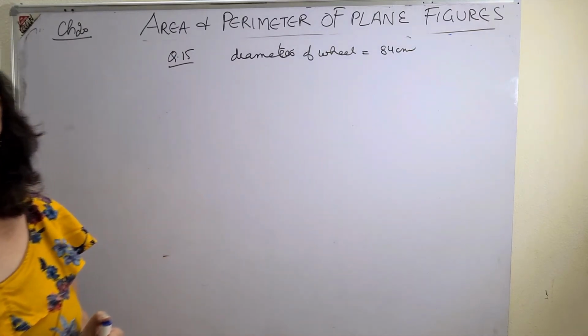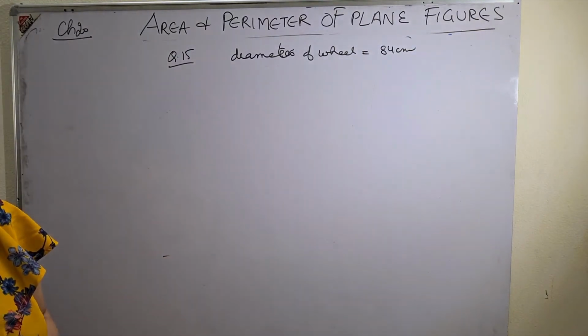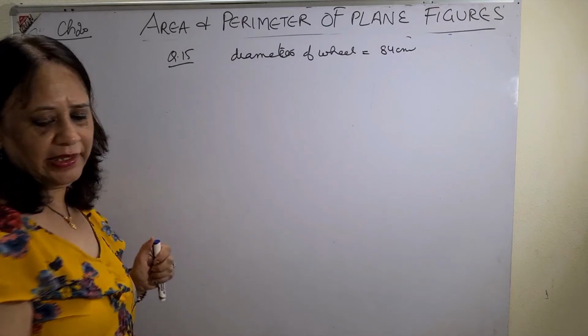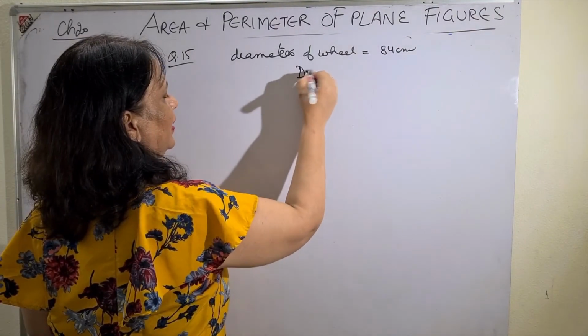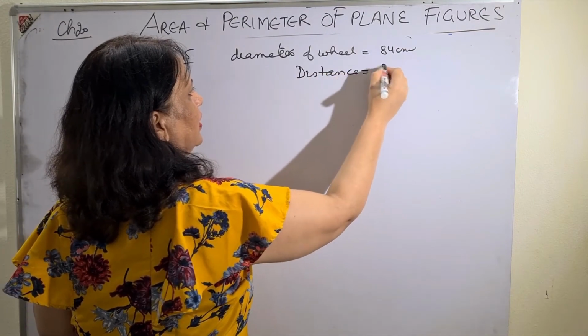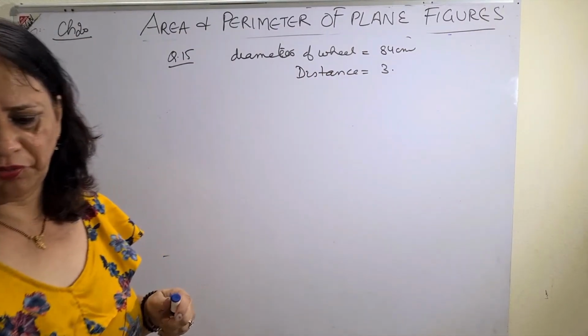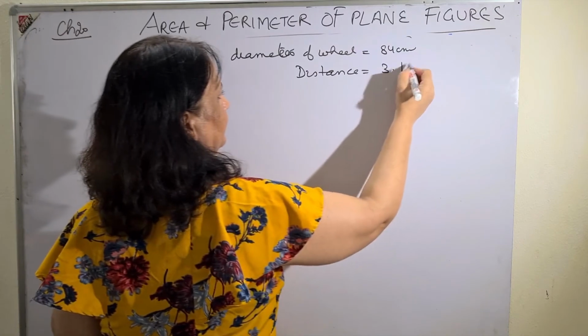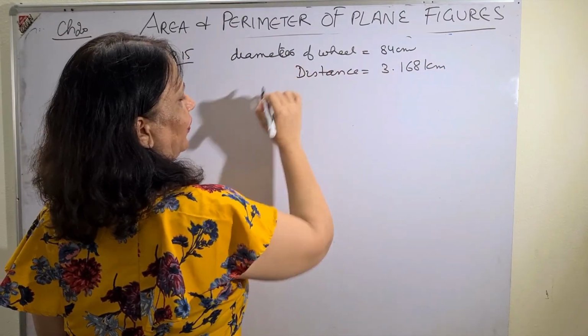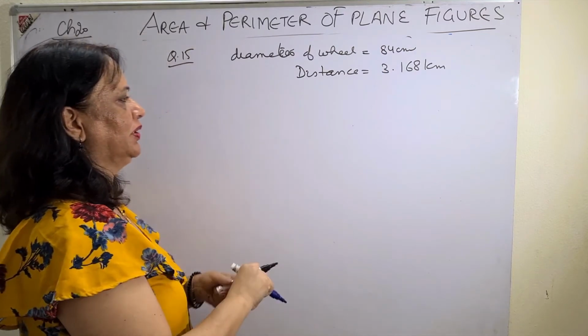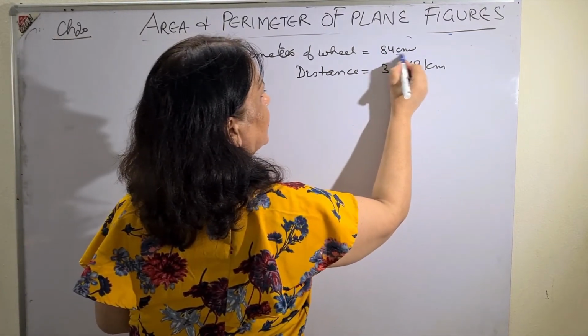Now what they have asked me, a very simple sum: find how many complete revolutions it makes to cover the distance of 3.168 kilometer. See, first of all, the first thing I would love to tell you is there is a difference between the units.